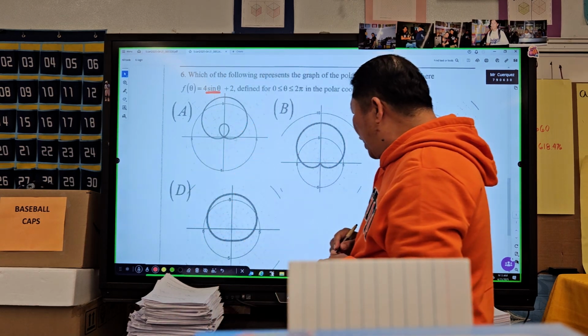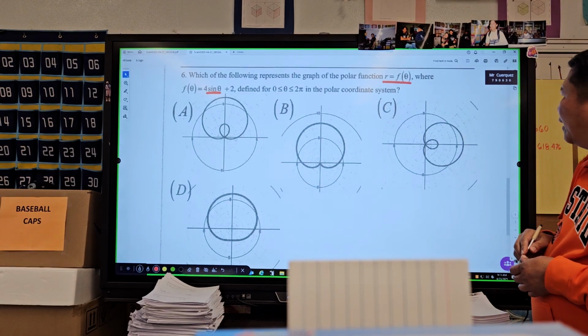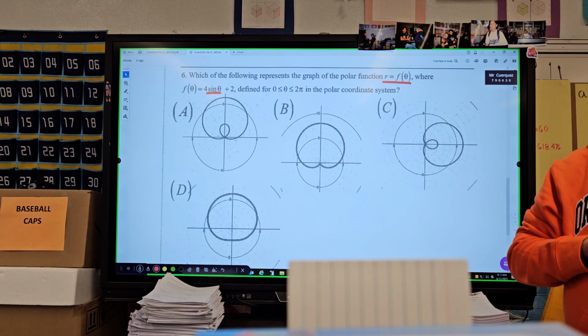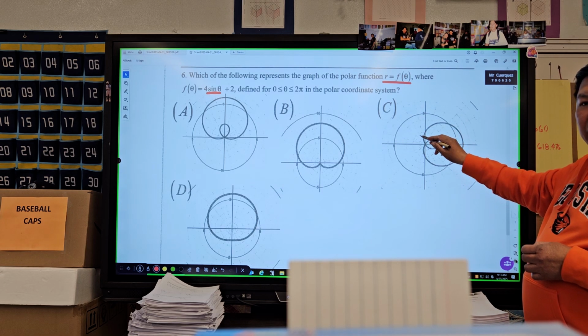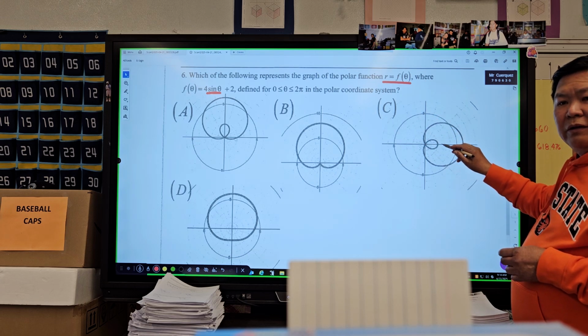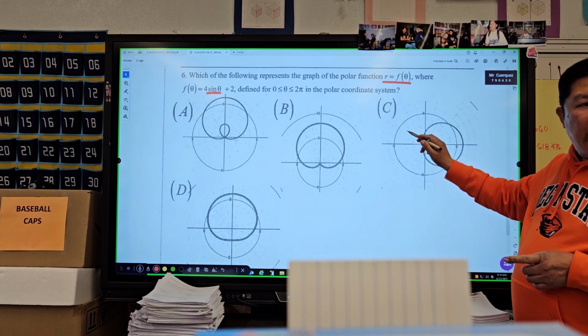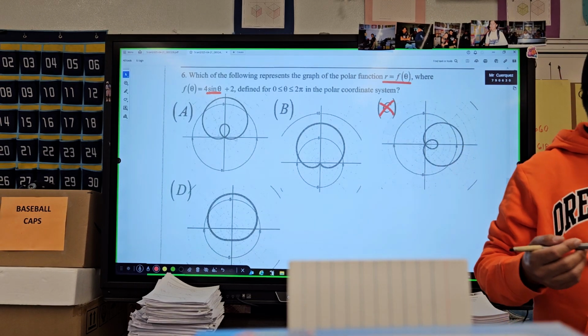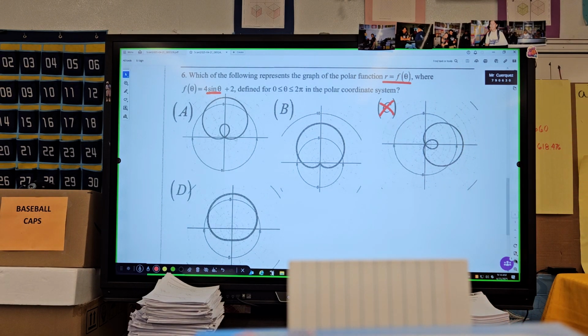So therefore, test taking strategy. Let's have letter C. Can we choose letter C? Where do you think is the graph? Is this on sine or cosine? This is cosine. So we're gonna knock this out because that graph is along the x-axis, or cosine, right?